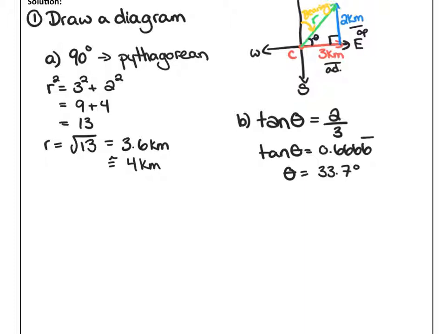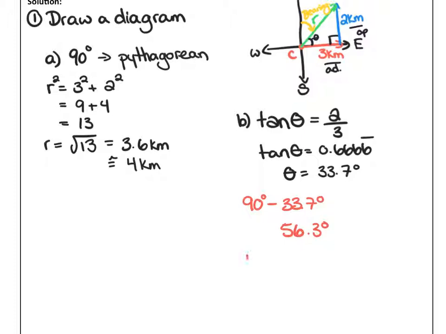So I'm going to do 90 degrees minus 33.7. So I get that the bearing is 56.3 degrees.